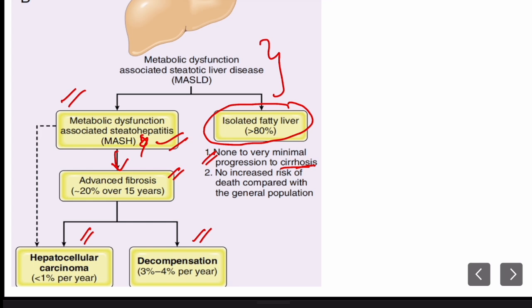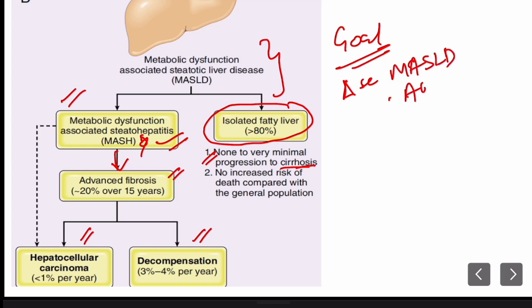So in the majority of the patients it has a benign course. So the goal has to be to diagnose MASLD and MASH at an early stage, so that the progression to hepatocellular carcinoma or advanced cirrhosis can be prevented.